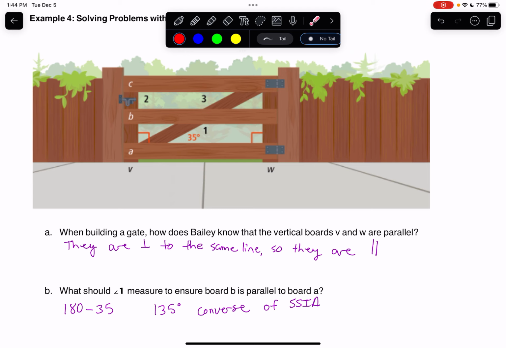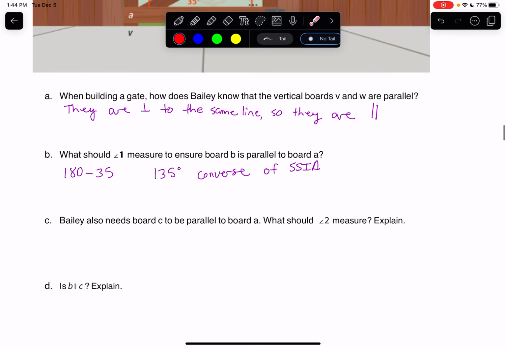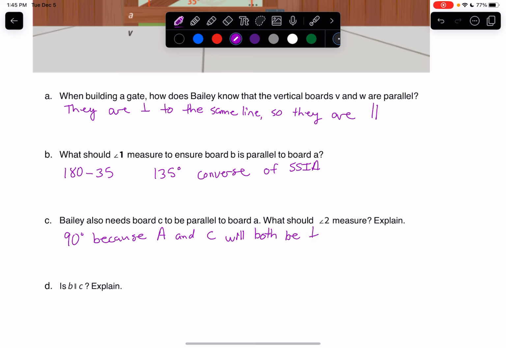Well, if A is down here and C is here, and I know that A is perpendicular to V, then C also needs to be perpendicular to V for C to be parallel to A. So it would need to measure 90 degrees, because A and C will both be perpendicular to V.